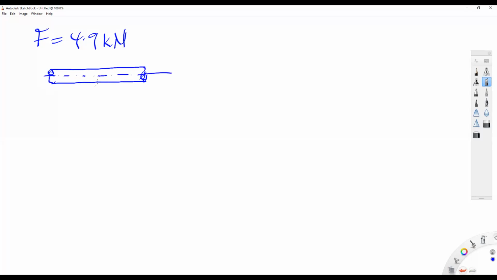And this rod is subjected to tensile loading. So we have the load along the axis to be F and F. And this F is 4.9 kilonewtons. We had to design this rod. And we were told that this rod is subjected to this load and is under rough conditions.